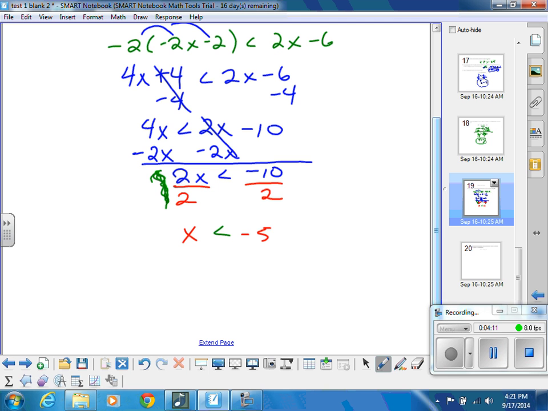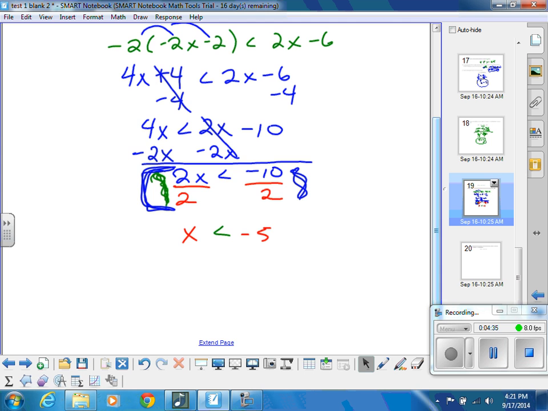Only when your number with x, your coefficient, is negative does that middle symbol flip. It doesn't matter if the number over there is negative. The only thing that affects whether or not your symbol flips is the coefficient with x. So in this case, it stays the same.